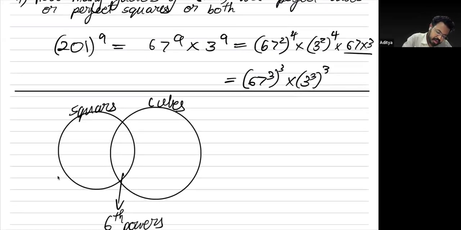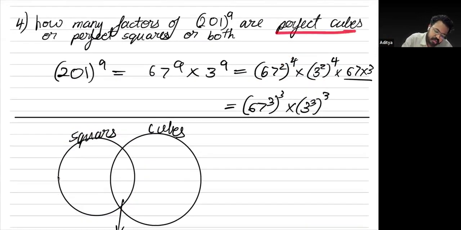In total, to find the number of perfect squares, I'll just do 4 plus 1, 4 plus 1, because these are my indivisible units. They are actually divisible, but for the intents and purposes of this question, they are indivisible.